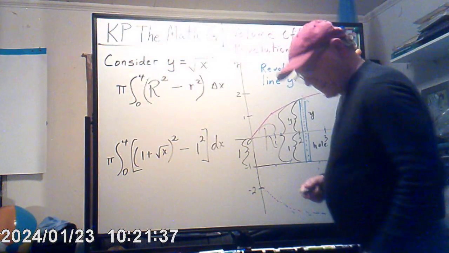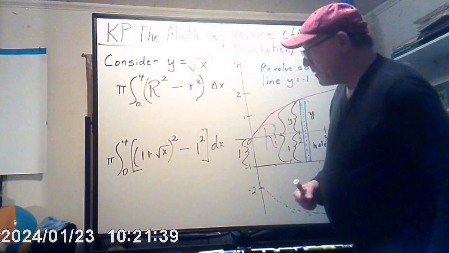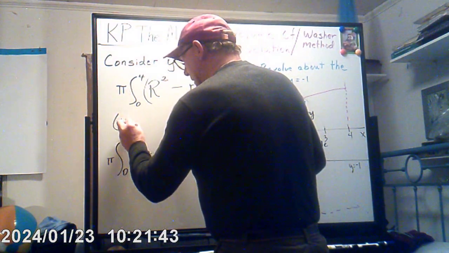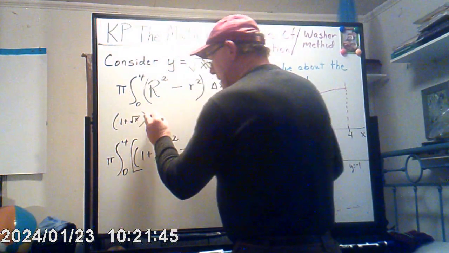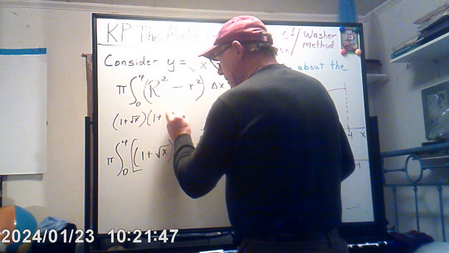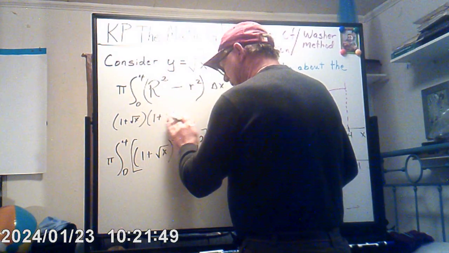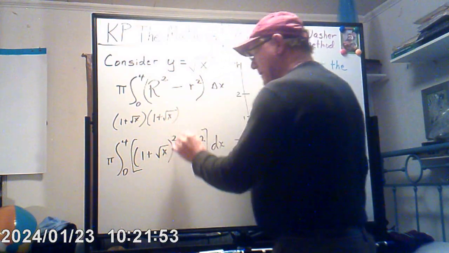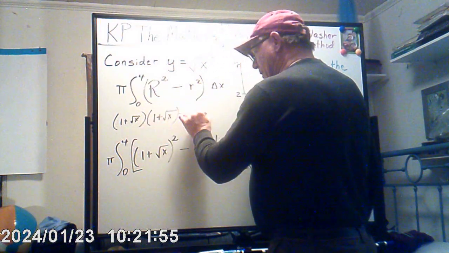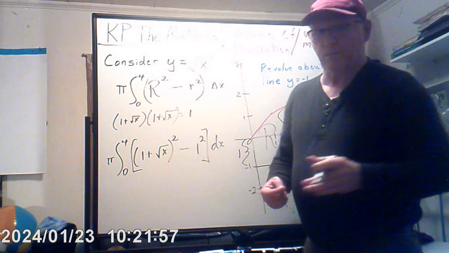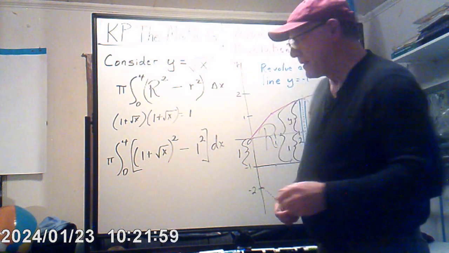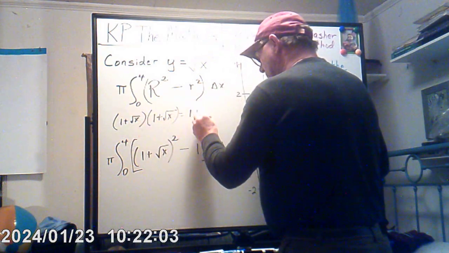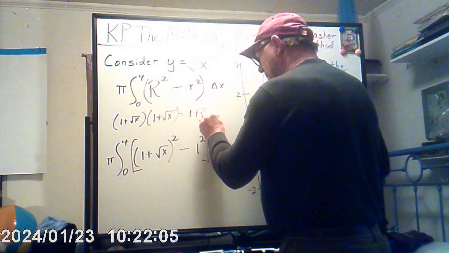Alright. I'm going to square 1 plus the square root of x. So 1 times 1 is 1. Remember, y'all might be used to that FOIL method. 1 times the square root of x is the square root of x, so plus the square root of x.